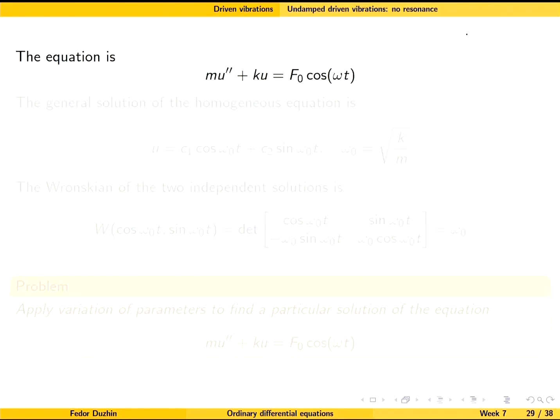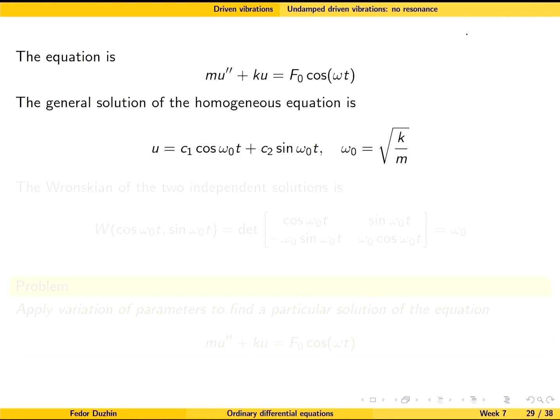But let us now assume that the frequency of the driving force is different from the natural frequency of the spring mass system. How do we solve the non-homogeneous equation? We need to find the general solution of the homogeneous equation first, which we know.